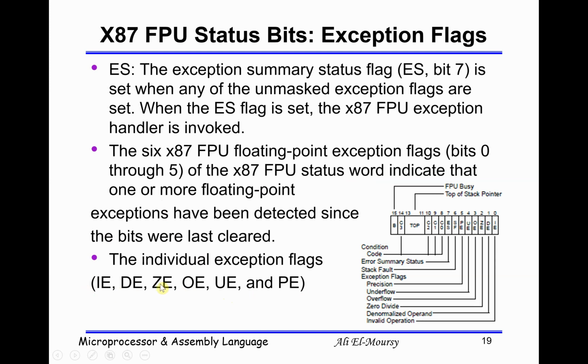There are 6 of them, called IE, DE, ZE, OE, UE, and PE. They are the exceptions for invalid operation, denormalized operands, zero divide, overflow, underflow, and precision.